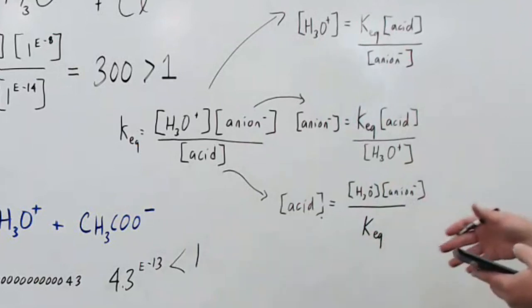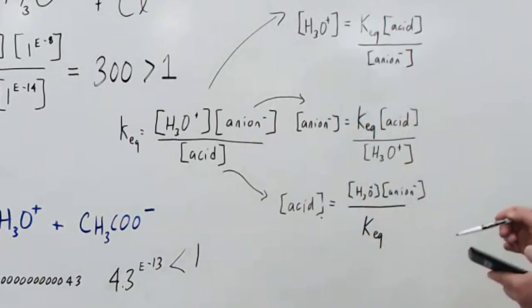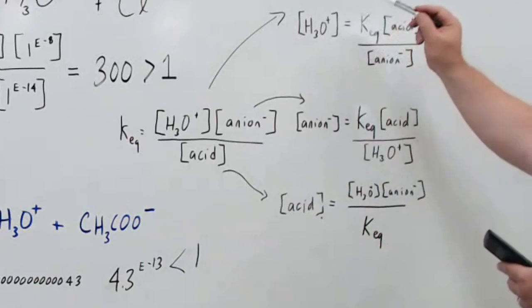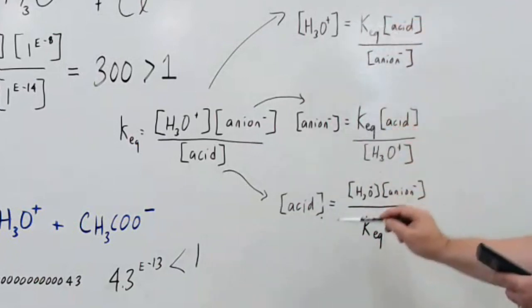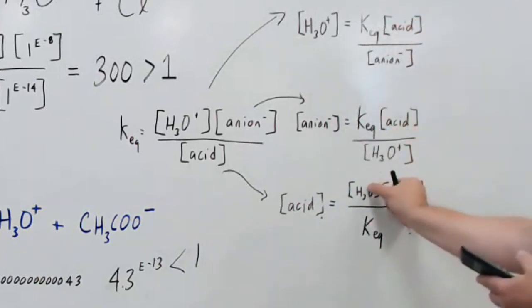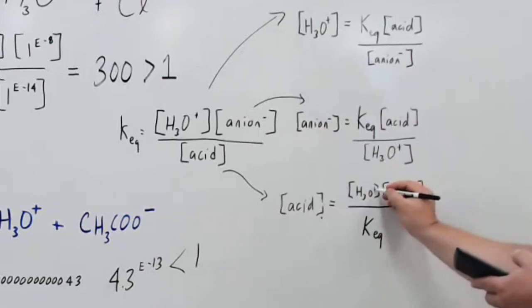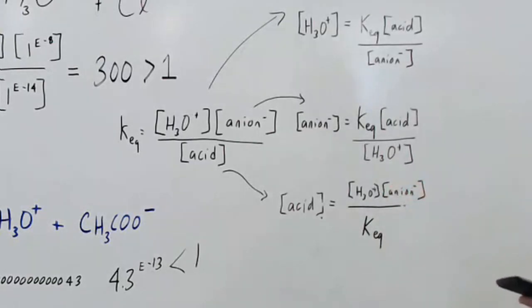So that's how you would handle versions where everything else was given, but you wanted to find either hydronium or the anion or the acid. You just rearrange the expressions like so. And I hope that was helpful.